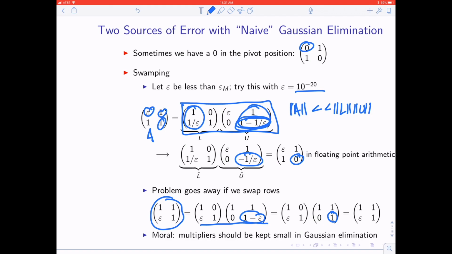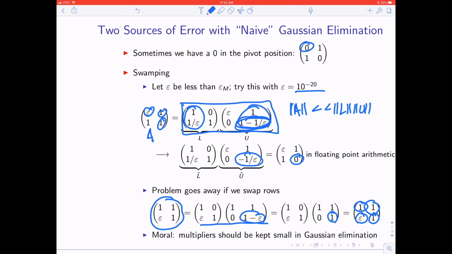And then you could carry out the matrix multiplication, and here you get a 1, here you get a 1, here you get an epsilon, and here you should get 1 plus epsilon, but the epsilon is lost because of precision. And so we end up with 1, 1, epsilon, 1, which is actually what we were supposed to get. So the problem goes away.